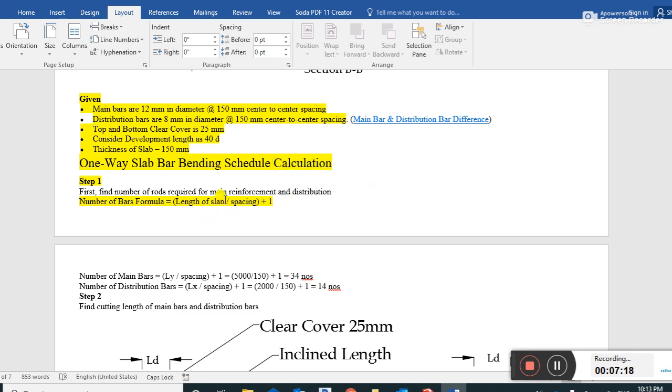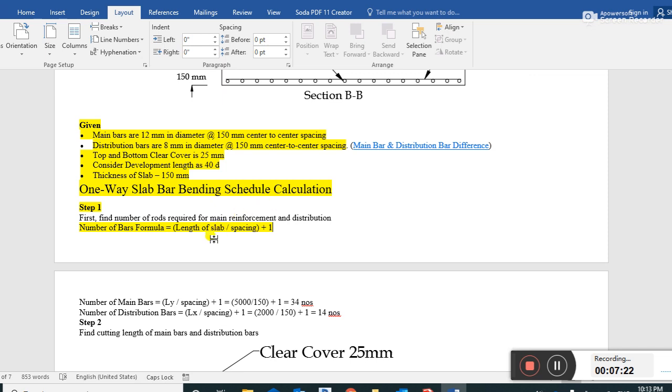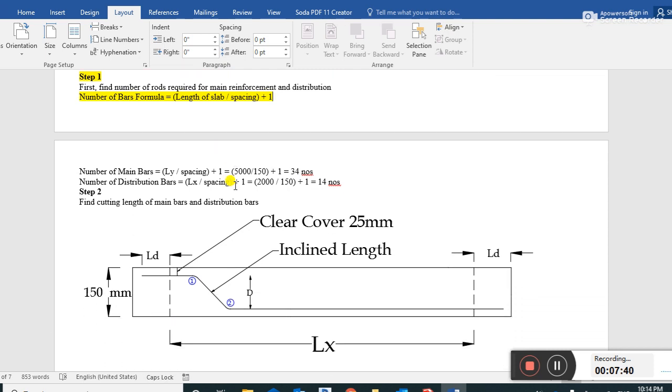The length of slab in this case is 5,000. Number of bars equals length of slab divided by spacing, plus 1. We decided the spacing as 150 millimeter. This is the formula for the number of main bars, and I'll also put in the values.